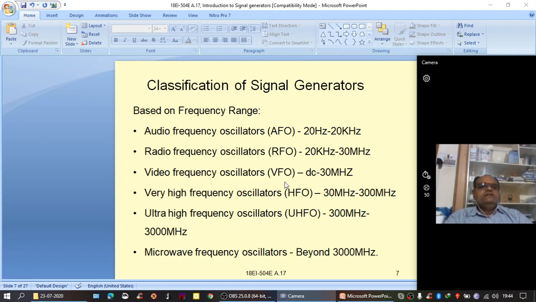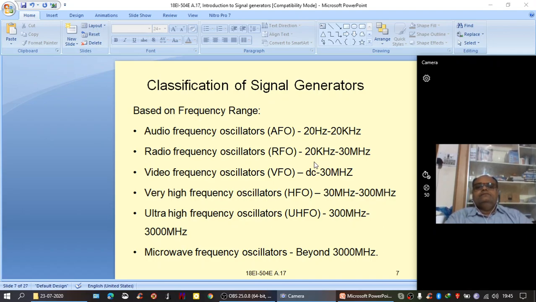Radio frequency oscillators, referred to as RFOs, generate frequencies from 20 kilohertz to 30 megahertz.